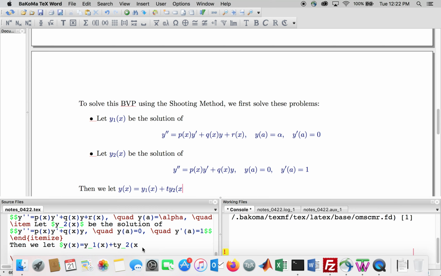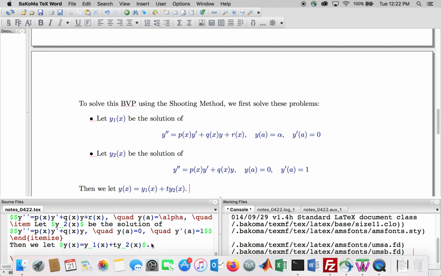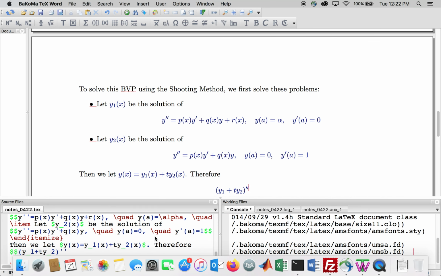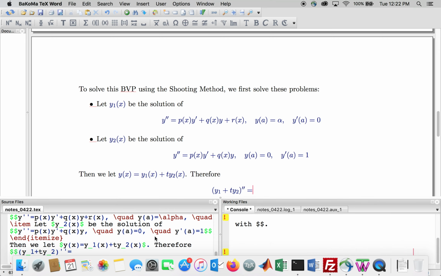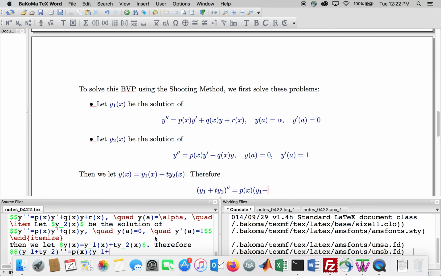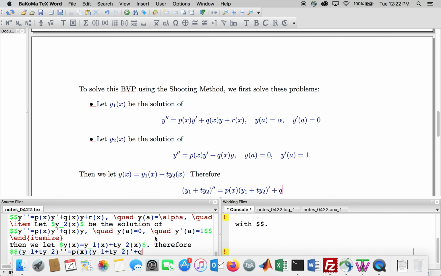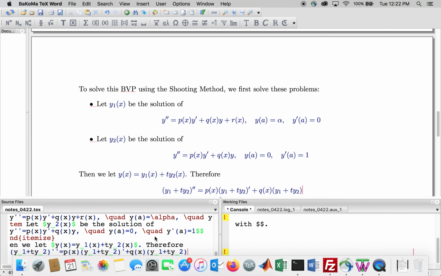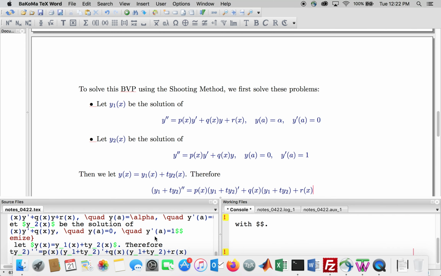Sorry, it's being uncooperative again. So what I have is y1 plus t y2 double prime is equal to p of x (y1 plus t y2) prime plus q of x (y1 plus t y2) plus r of x.